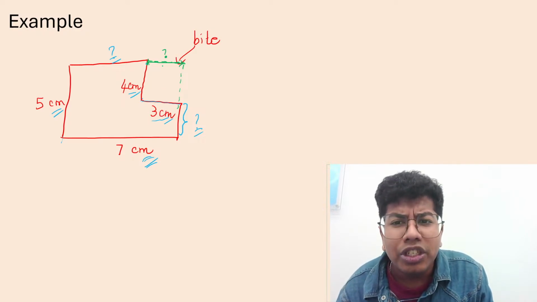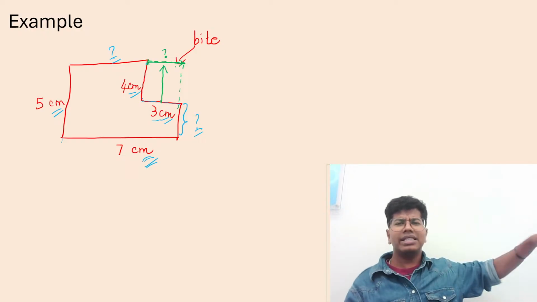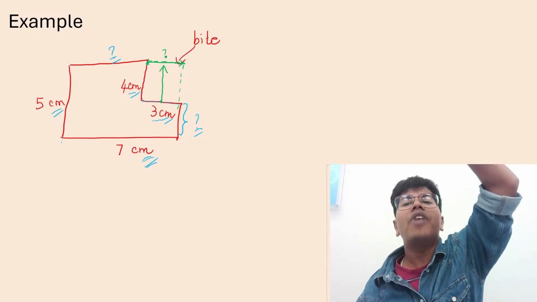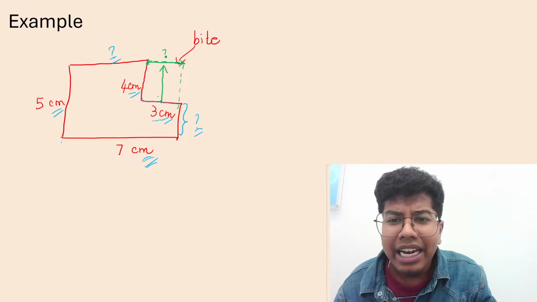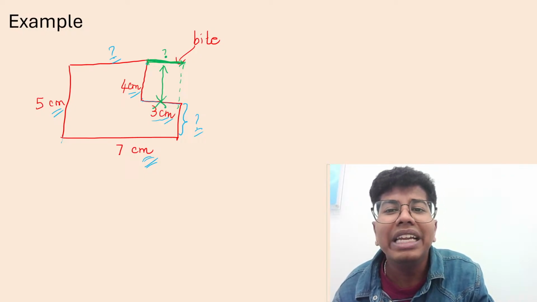Perfect. It's just opposite to this 3. So here what we can do is, the 3 centimeter is nothing but a vertical line. This vertical line we can move up, and then it will be removed from here and placed here. So it will be complete.